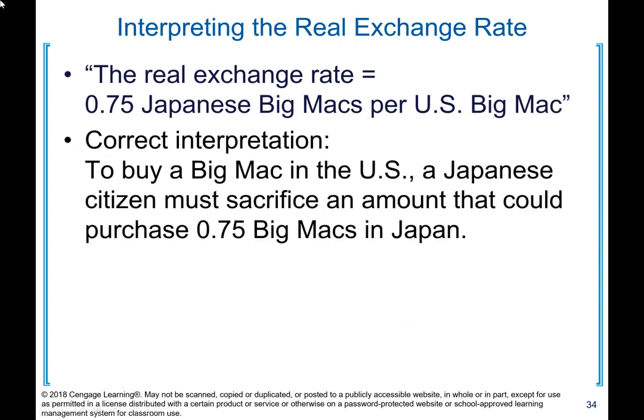Interpreting real exchange rate: the real exchange rate equals 0.75 Japanese Big Mac per US Big Mac. The correct interpretation, therefore, is that to buy a Big Mac in the US, a Japanese citizen must sacrifice an amount that could buy 0.75 Big Mac in Japan.